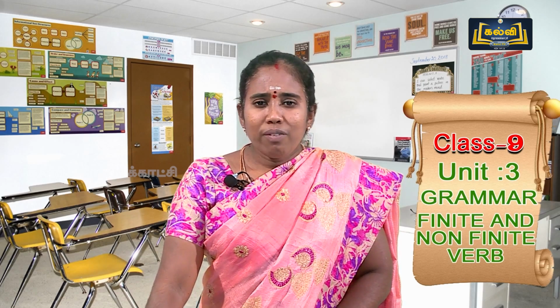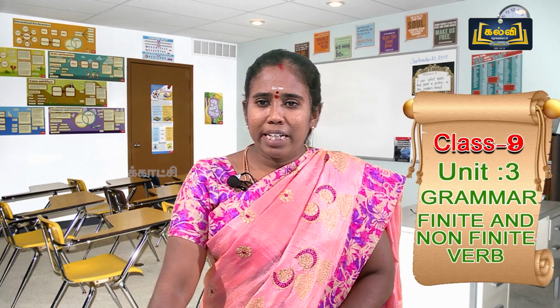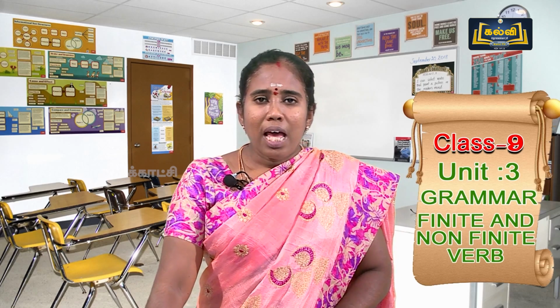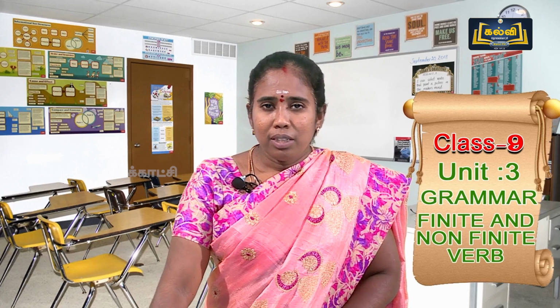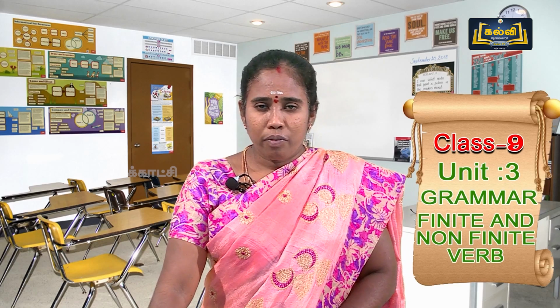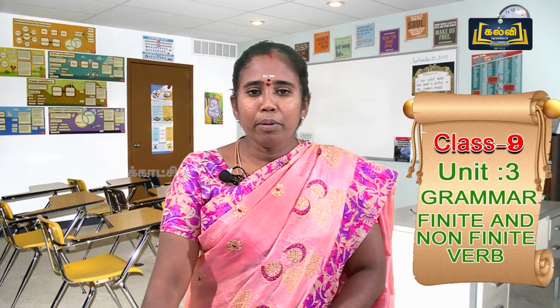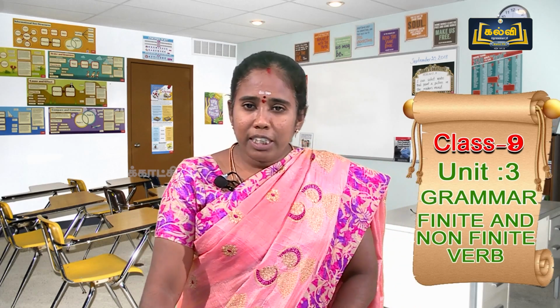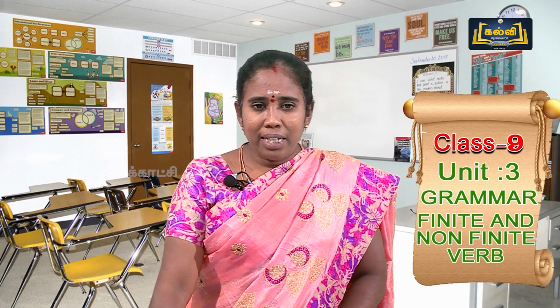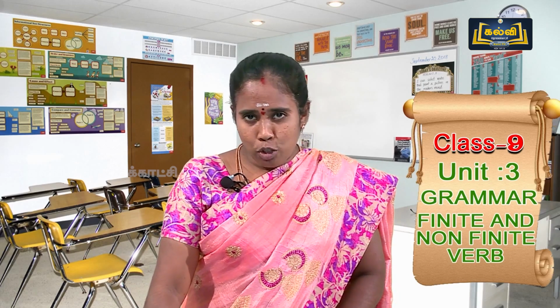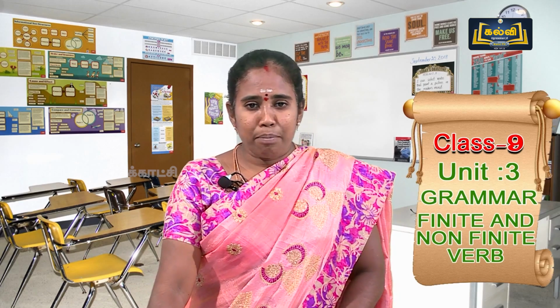Now, we will see how the finite verbs change as per number. Number means what? Yes, it is singular and plural only. Here too, we have to apply the subject-verb agreement. See the examples.